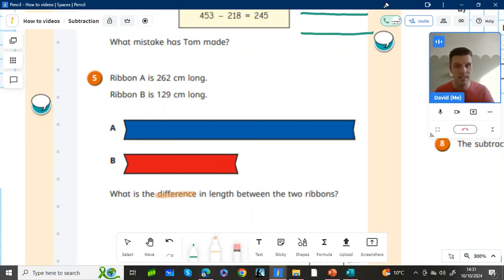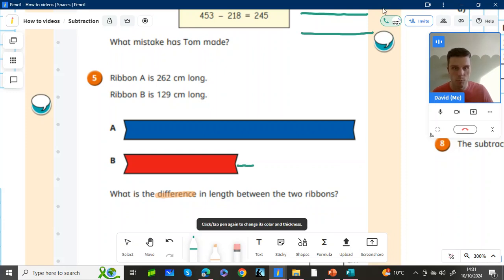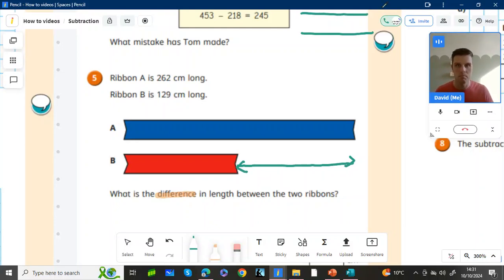If you ever see that word difference in a question, it means takeaway. So it's a good clue about what to do. So we're going to work out the difference, and we're going to work out this gap here. This time I'd like you to write the column subtraction and work it out for yourself. Pause the video here, and then when you're ready, unpause it and we'll move on to question 6.